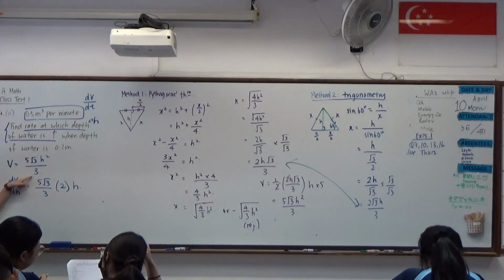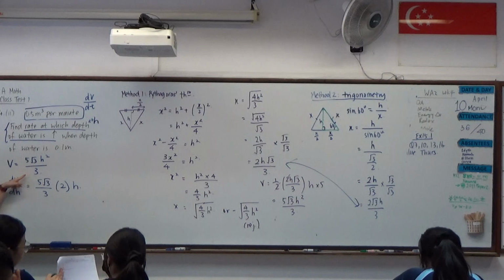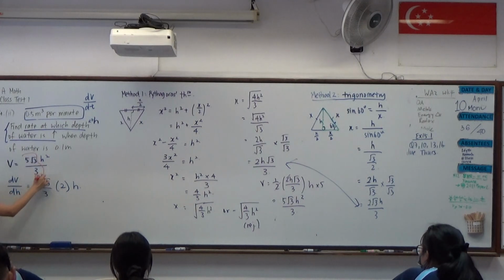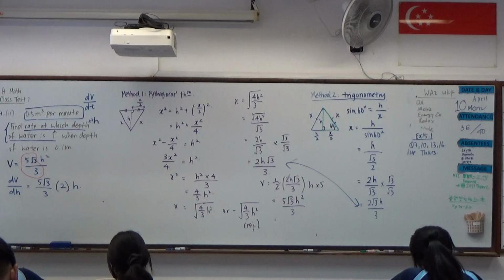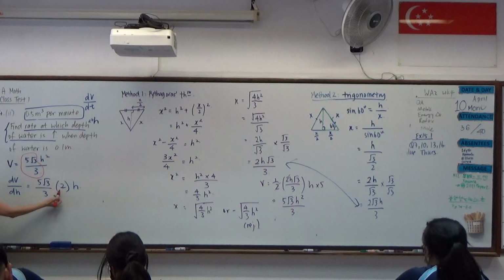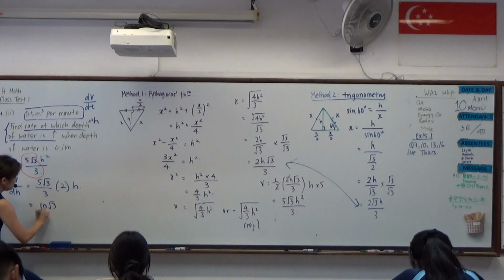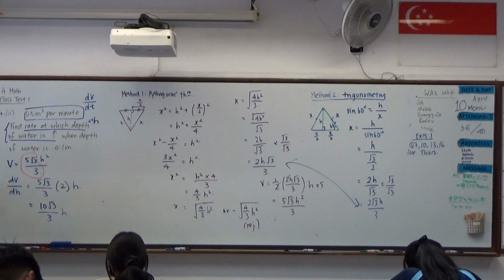All of these are numbers, the denominator is not an expression, so you can recognize that this is a coefficient in front of H squared, a number in front of H squared. So you just have to bring the 2 down, power minus 1. Okay? Then we get 10 root 3 over 3 H.